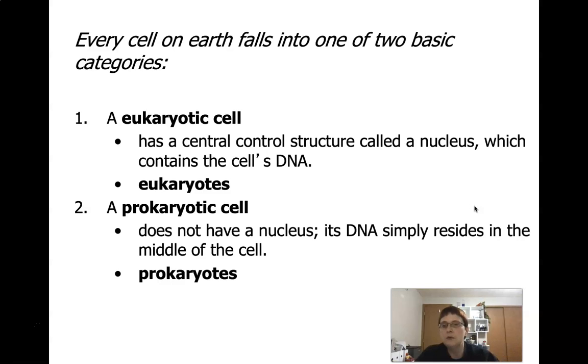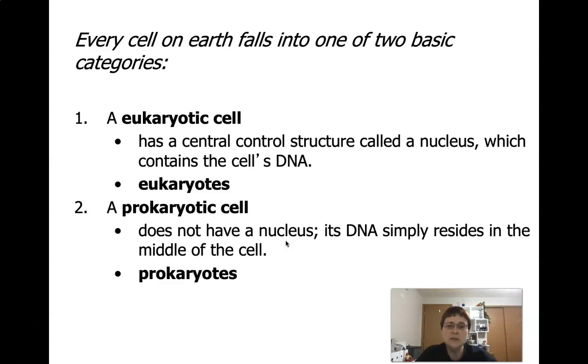This is different for a prokaryotic cell. Pro means before, so before a nucleus. Karyote means a kernel or a center. And so this does not have a nucleus. So prokaryotic cells have no nucleus, as we'll see in the diagrams for prokaryotic cells.